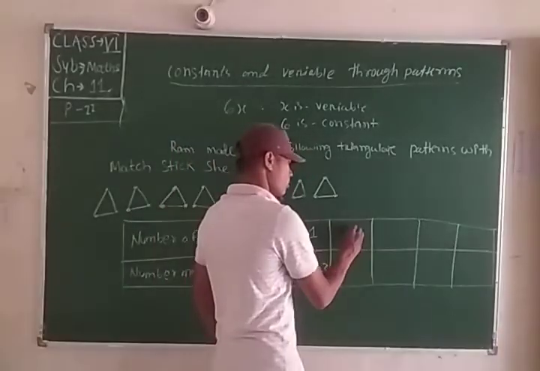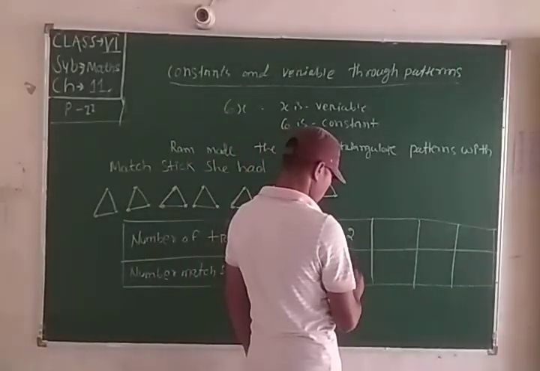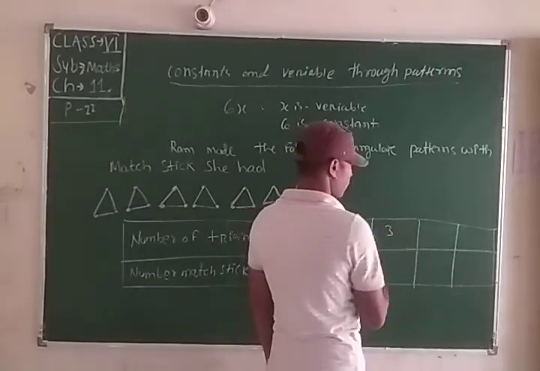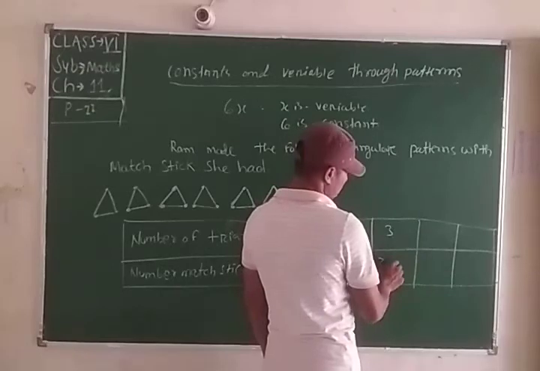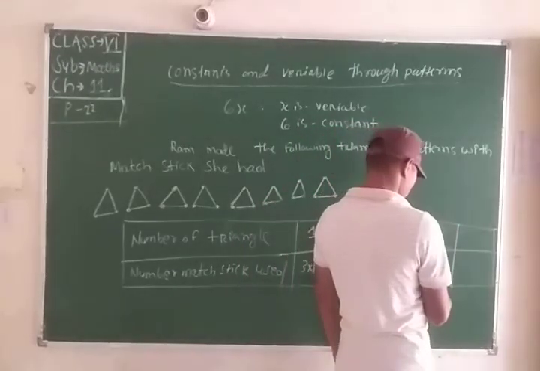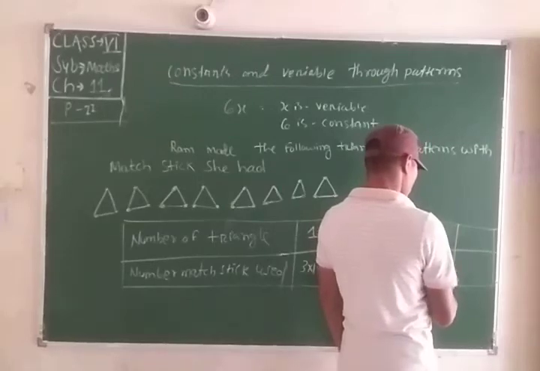If we take two triangles, then 3 into 2 equals 6 match sticks. If we take three triangles, then 3 into 3 equals 9 match sticks. If we take four triangles, then 3 into 4 equals 12 match sticks.